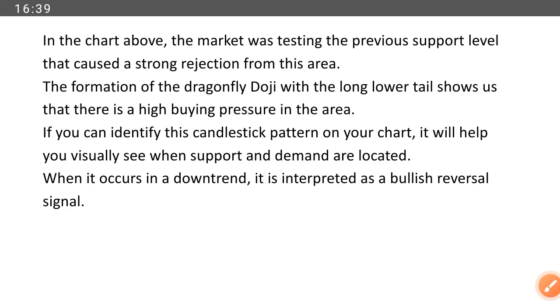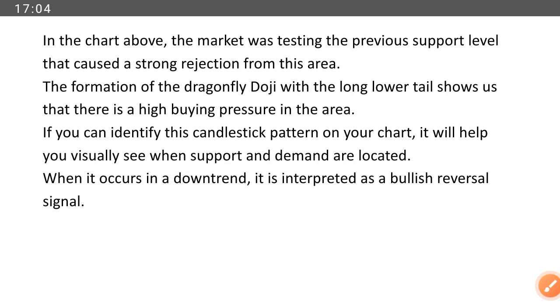Now, in the chart above, the market was testing the previous support level that caused a strong rejection from this area. The formation of the dragonfly doji with the long lower tail shows us that there is a high buying pressure in the area.